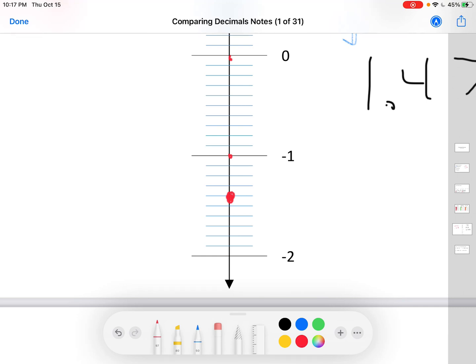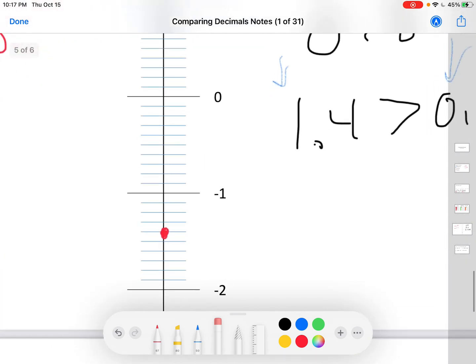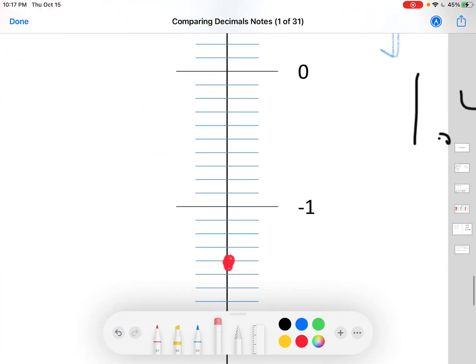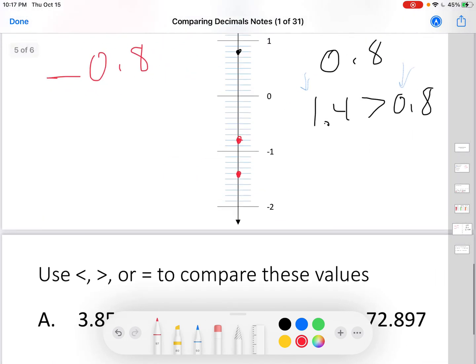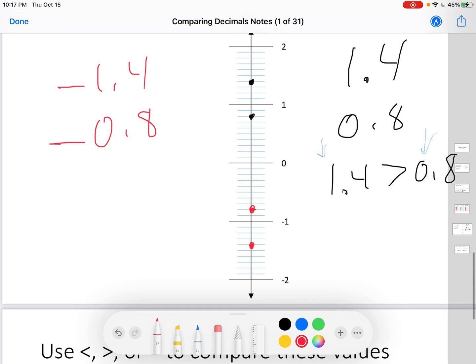That's negative 1.4. Then negative 0.8. Well, it's between 0 and negative 1. 1, 2, 3, 4, 5, 6, 7, 8. Oops, forgot to change. Negative 0.8. Which one is higher? Negative 0.8 is higher.